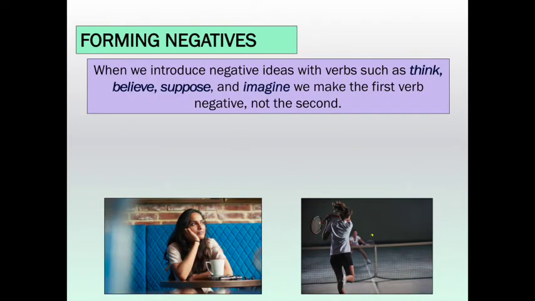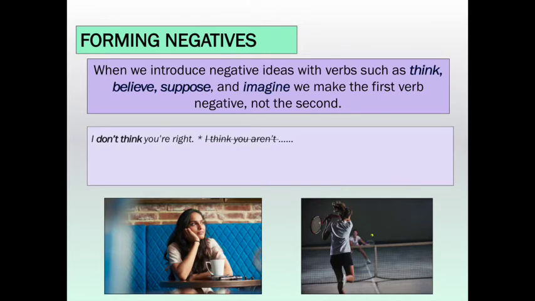When we introduce negative ideas with verbs such as think, believe, suppose, and imagine, these verbs about what we're thinking, we need to make the first verb negative, not the second. Here are some examples.